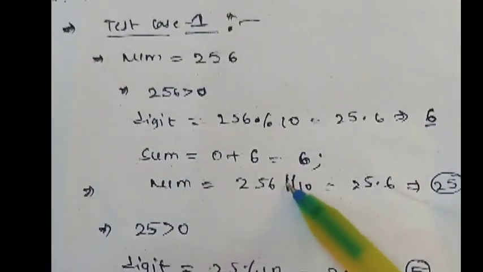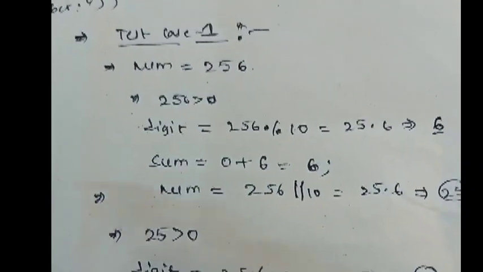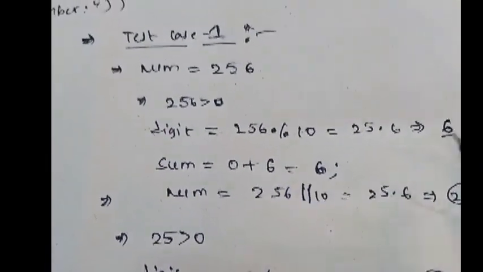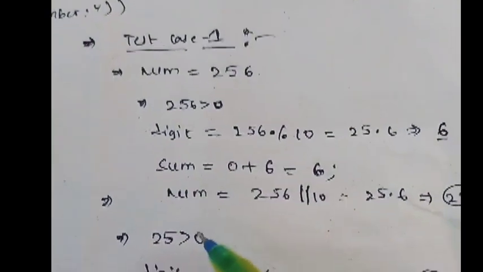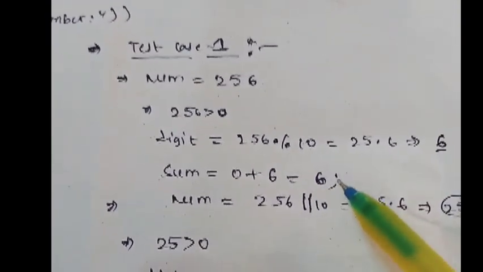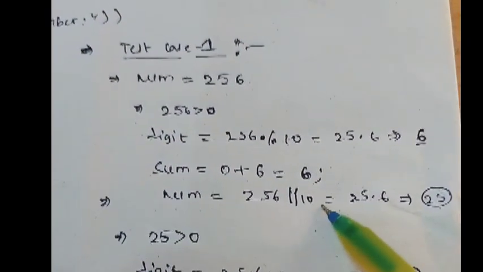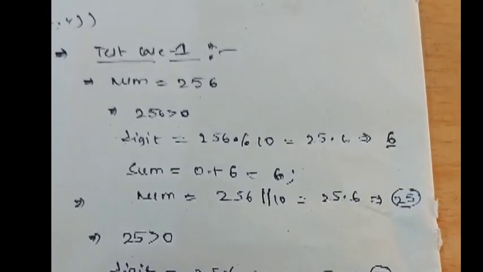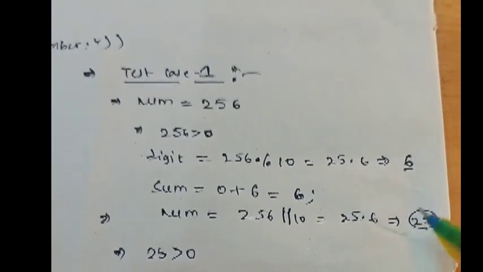Now sum = sum + digit. From the initial value, we specified sum = 0, so sum = 0 + 6, and sum is updated to 6. Now num = 256 floor 10. From this we get 25.6, where floor always returns the digits before the decimal point.